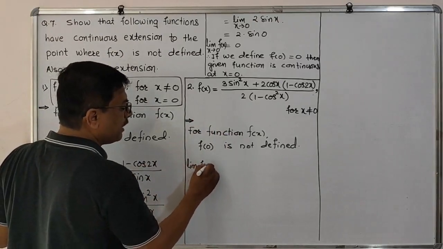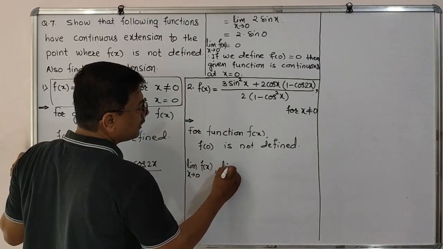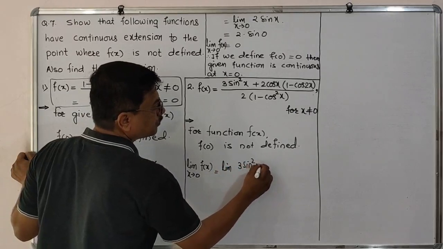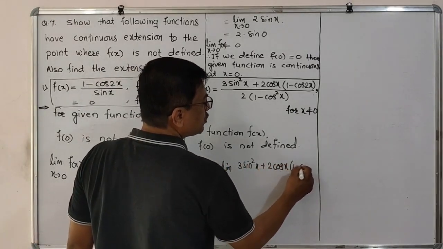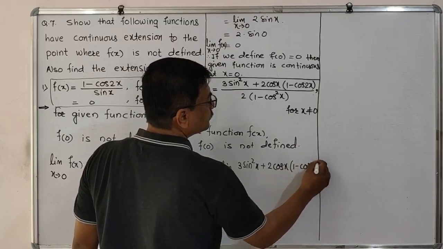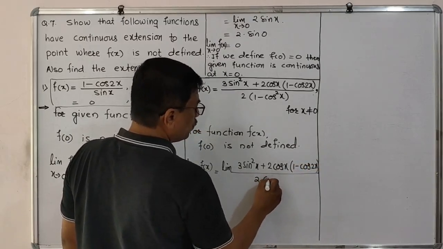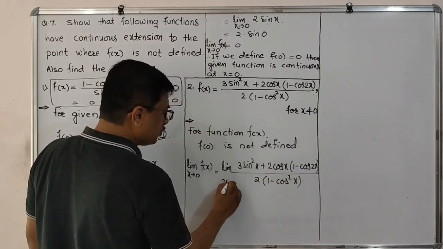Limit of f of x as x tends to 0 is equal to limit of 3 sin square x plus 2 cos x into 1 minus cos 2x divided by 2 into 1 minus cos square x as x tends to 0.